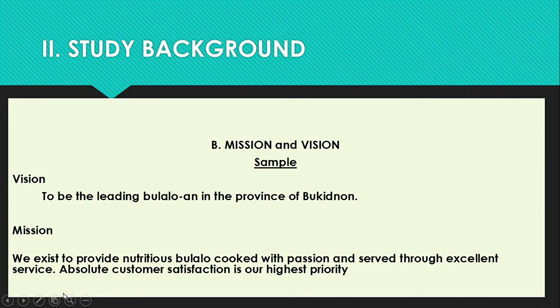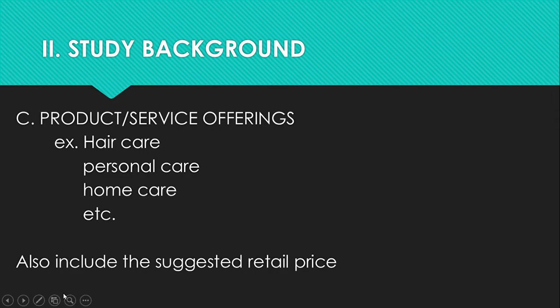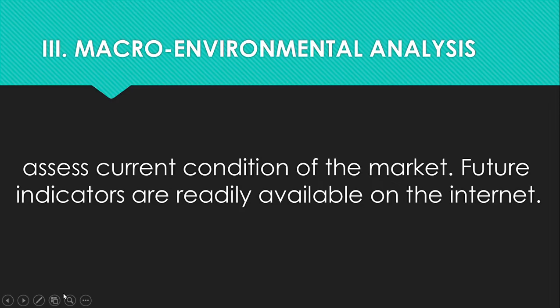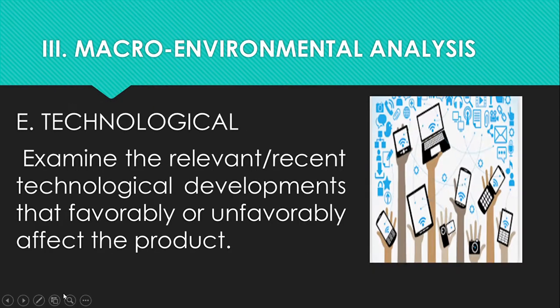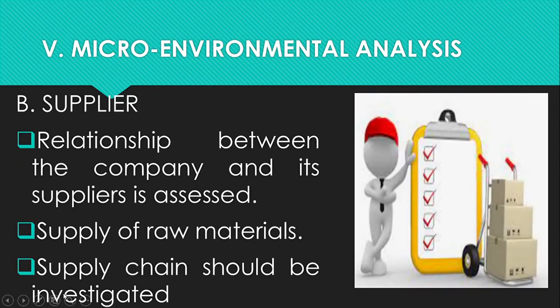Okay, so until here, on my next discussion, I will be talking about the letter C, which is the product service offerings, and so on and so forth: the macro environmental analysis, the opportunities and threats, and then the micro environmental analysis, the strengths and weaknesses, the market, the marketing objective, the marketing strategies, the tactical implementation, the marketing budget, feedback and control, and financial projection.